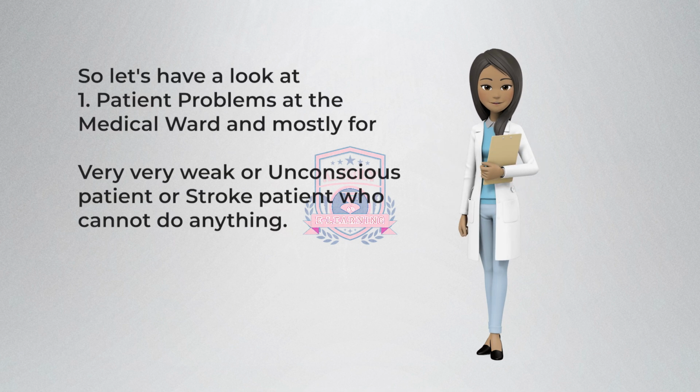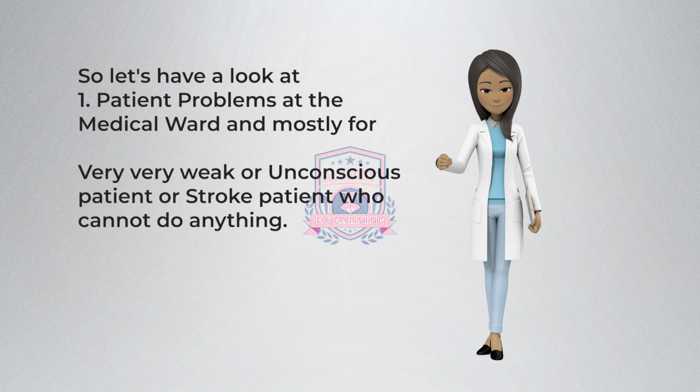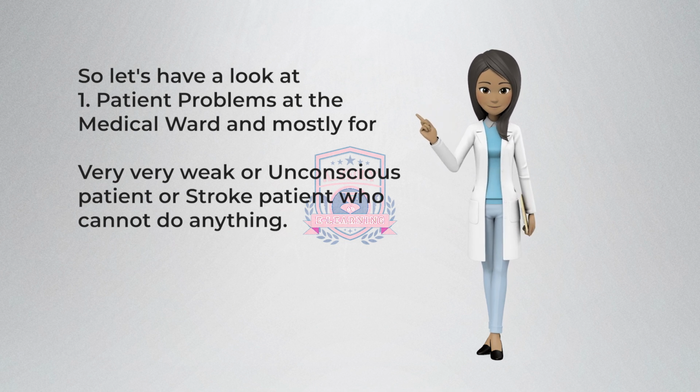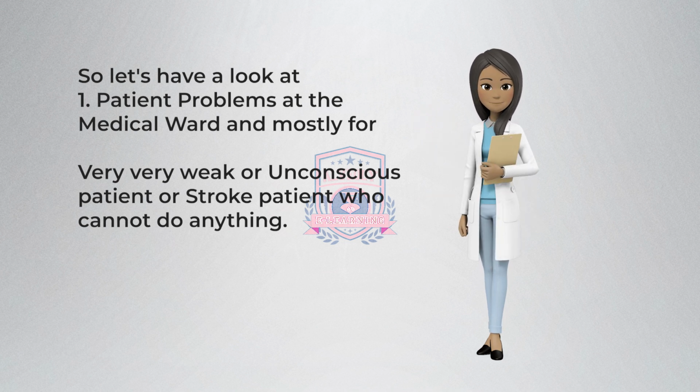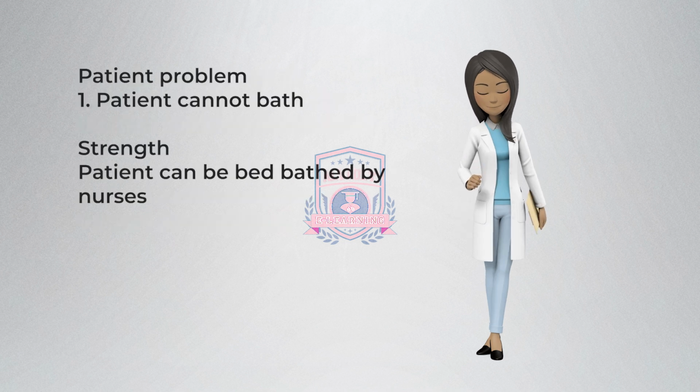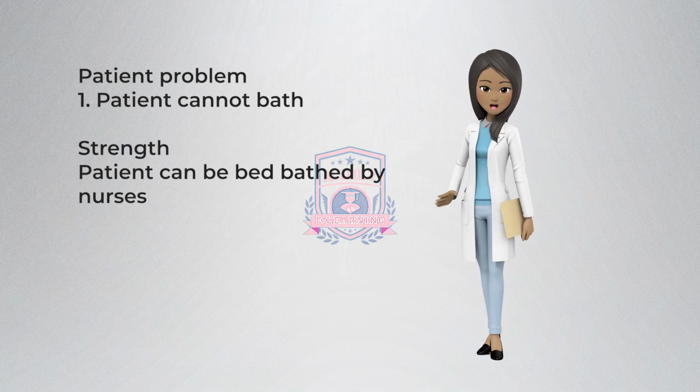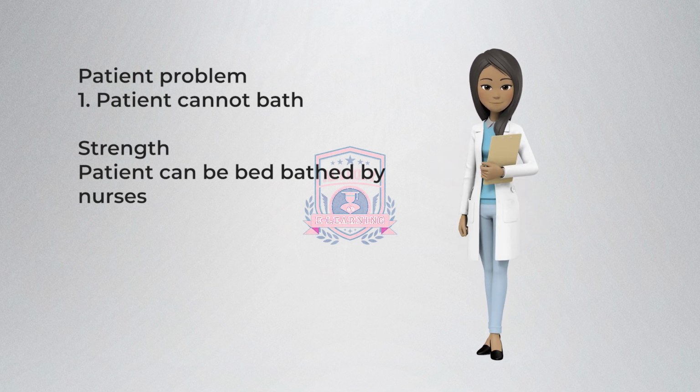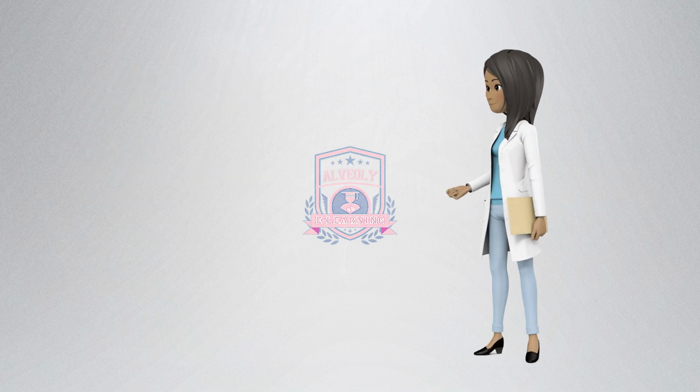So let's have a look at 1. Patient problems at the medical ward, and mostly for very weak or unconscious patient or stroke patient who cannot do anything. Patient problem 1. Patient cannot bath. Strength: patient can be bed bathed by nurses.